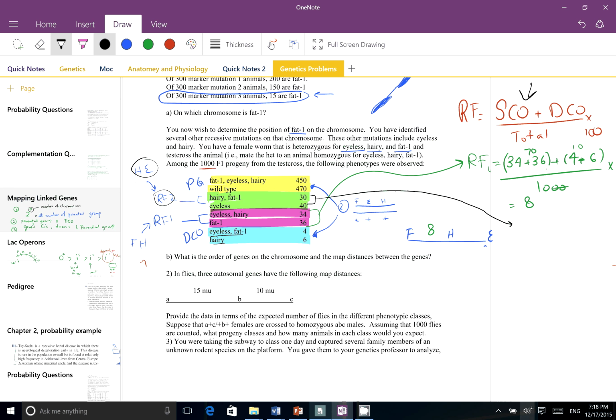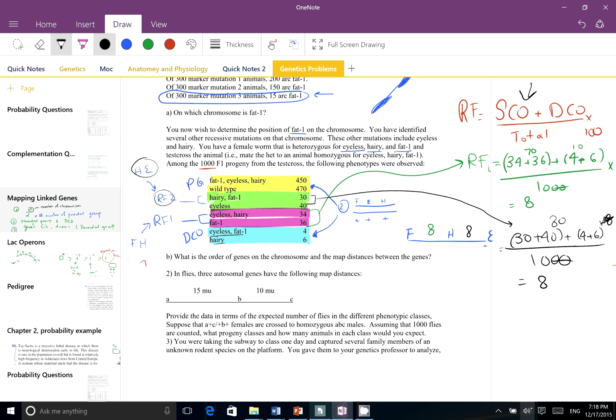It's gonna be 30 plus 40 plus 4 plus 6 times 100, over 1,000. These go with these. This is 80 divided by 10. So the answer is 8. So this is also 8.